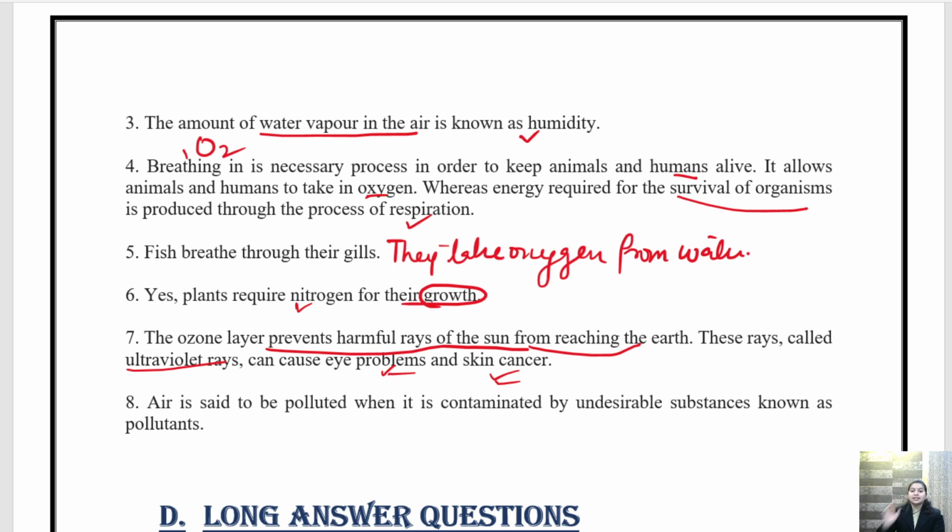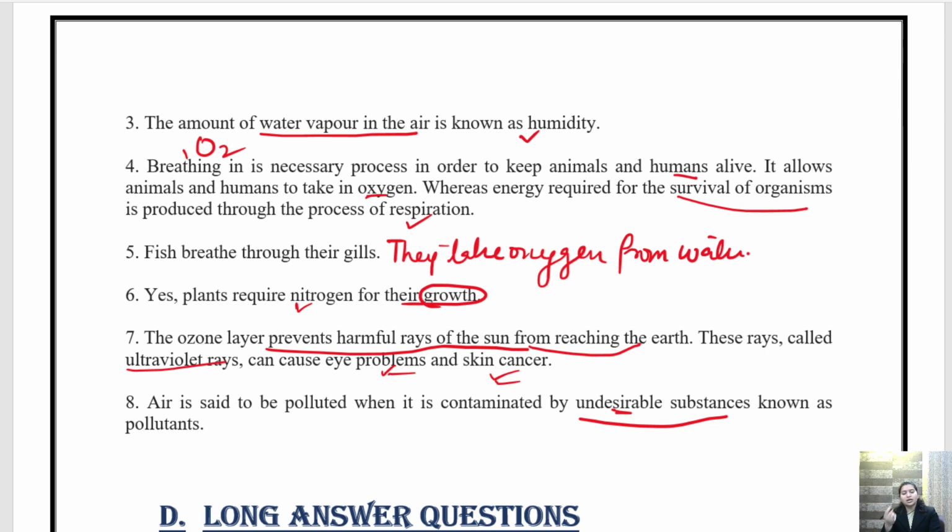The substances that cause air pollution are called pollutants. Clear? So air is said to be polluted when it is contaminated by undesirable substances. Undesirable means those that are not needed. If the air is full of such substances, for example, we know that carbon monoxide is very harmful.